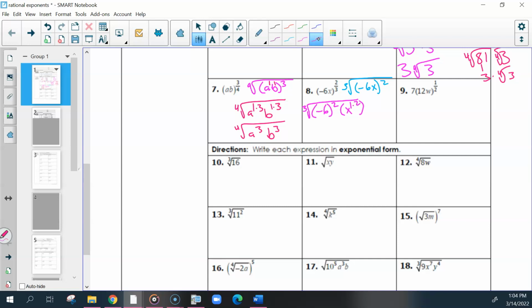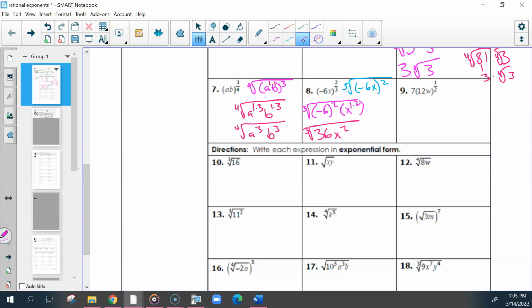So we have the cube root of 36x squared. 36, I don't believe can be broken down anymore because it's not divisible by 8 and we can't divide it by 27. So that would be the final answer.